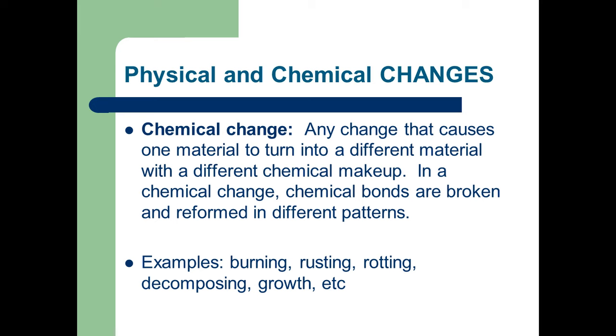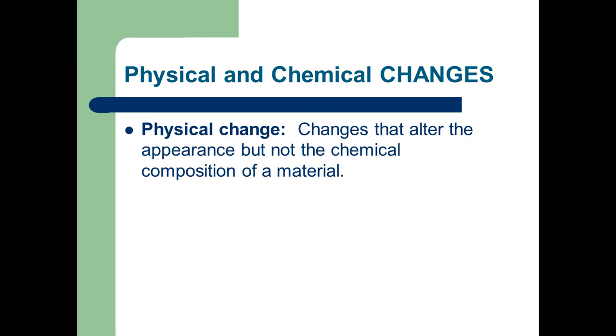A rotting apple, you get that color change, and it doesn't smell as great as it did. That's a chemical change. Decomposing, growth. I mean, your body is a hub for chemical changes. You're growing, changing, those are all chemical changes. A plant growing out of the ground, that's a chemical change, and so on.